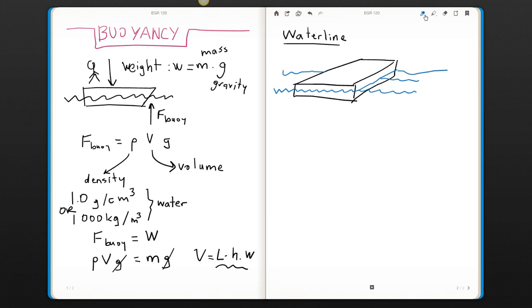So let's give some dimensions here. Let's say this is 20 centimeter, this one.